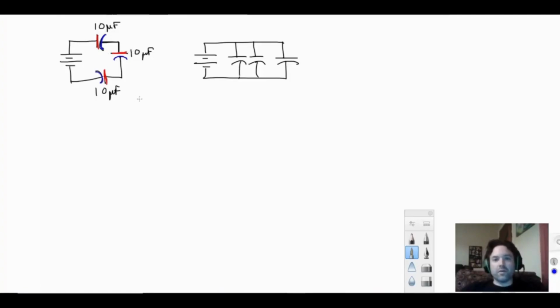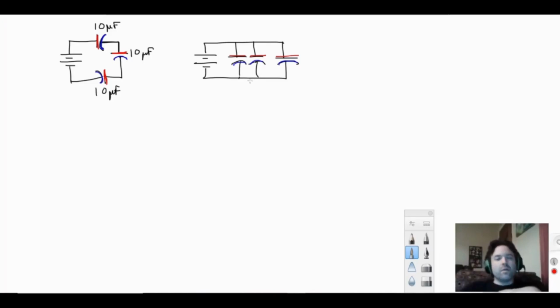It has no ability for charge to flow off of it, so that means whatever the charge is on this one is also the charge on this one, is also the charge on this one. So you can equate it sort of to what we were doing before, where resistors in series will have the same current. Capacitors in series will have the same charge, right? It should still make sense that because each of these is connected to the same voltage source, each of them has the same voltage across them, very much similarly to the way we had with the resistors, right?